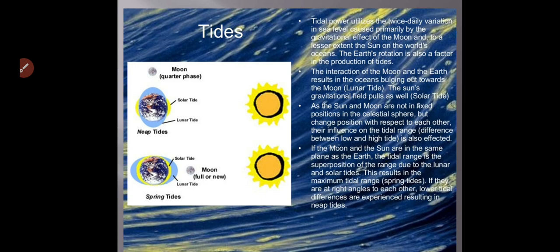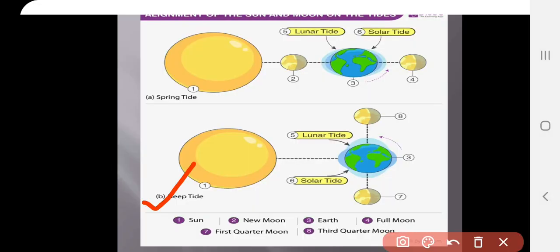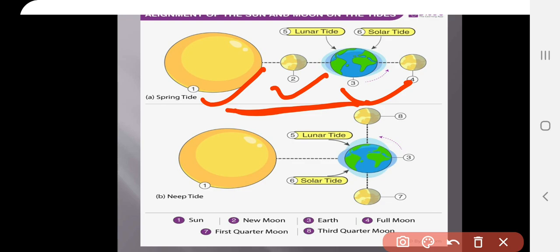Going to the previous picture, if the moon, sun and earth lie in one plane, then spring tide occurs. When the sun, moon and earth lie at a 90-degree right angle, then neap tide occurs.